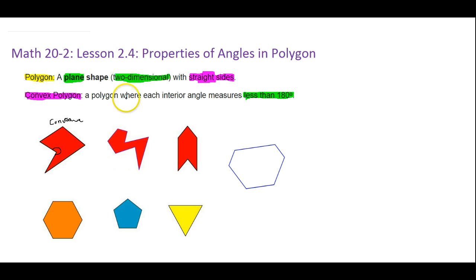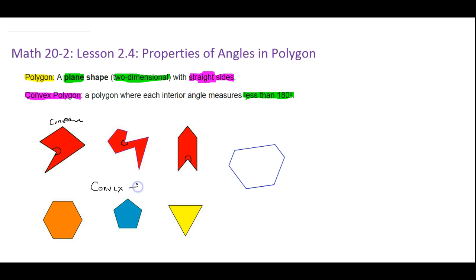And here we have another concave, and this makes this concave. So those three are concave polygons, and these below here, the octagon, the pentagon, and the triangle, are convex because they don't have any interior angles that are greater than 180 degrees.